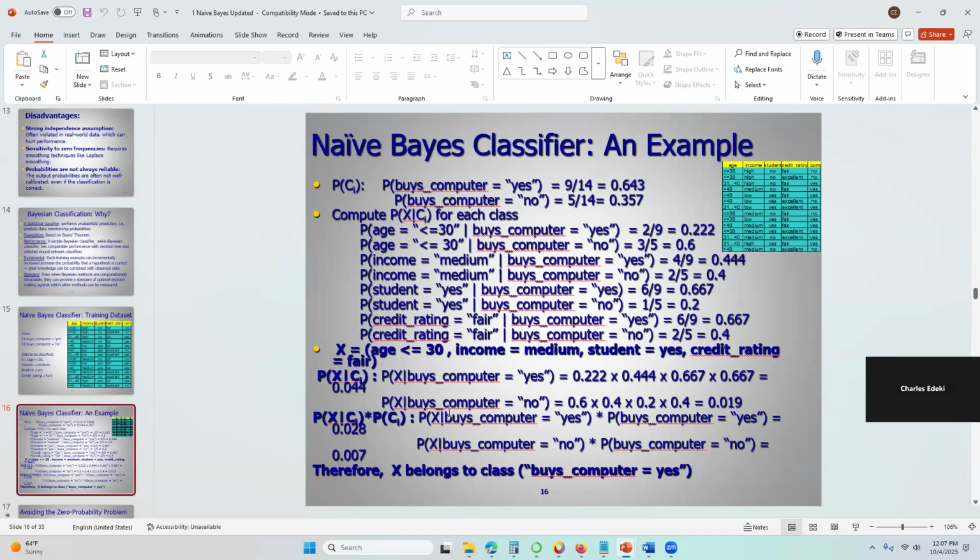We already know the probability of S given yes, which is right here, 0.044. To find buys computer yes, multiplication of buys computer yes, which is up somewhere, right here. So you put those two values, it gives you this. Same thing, put the no values here, it will give you this.